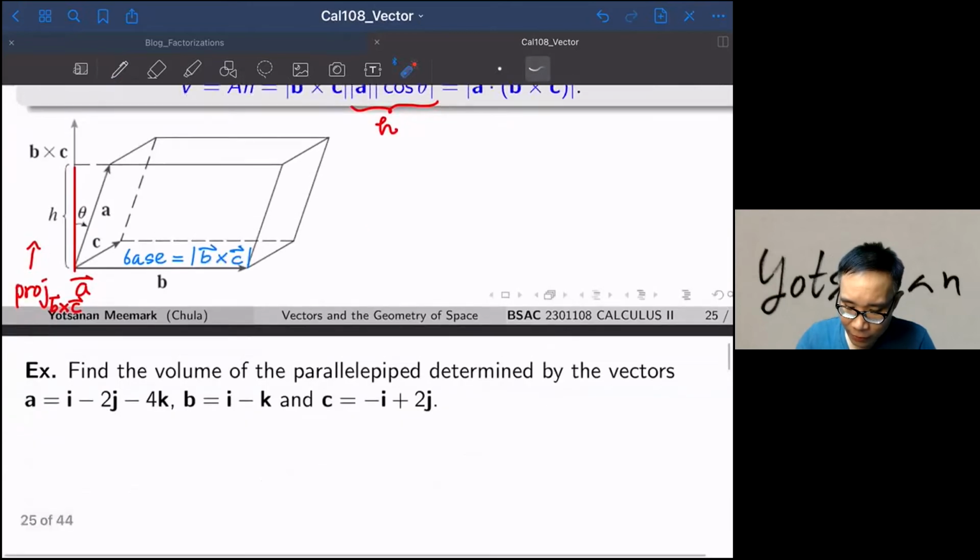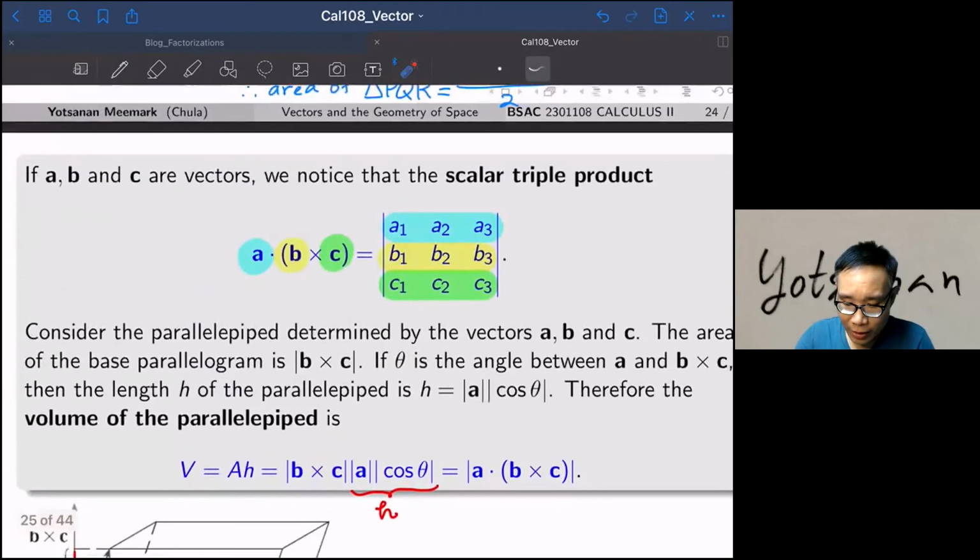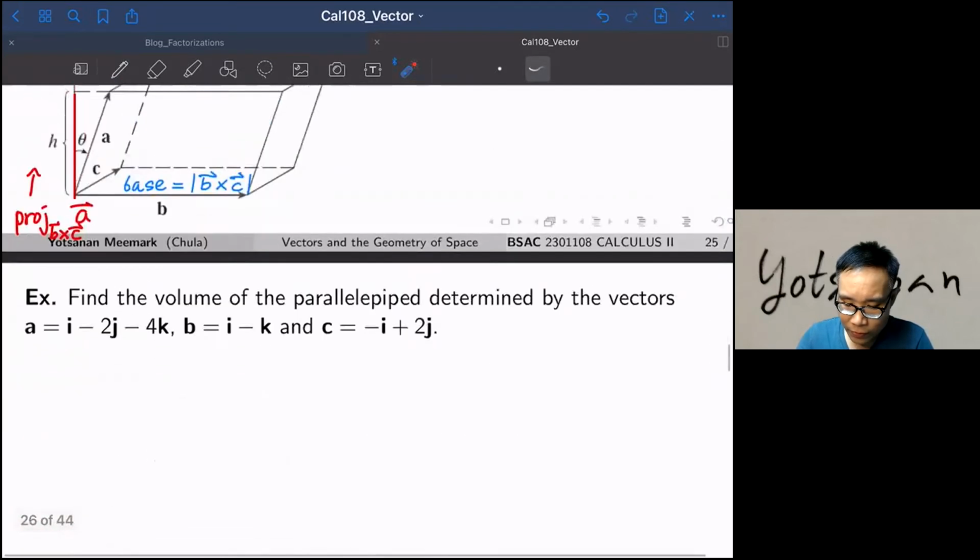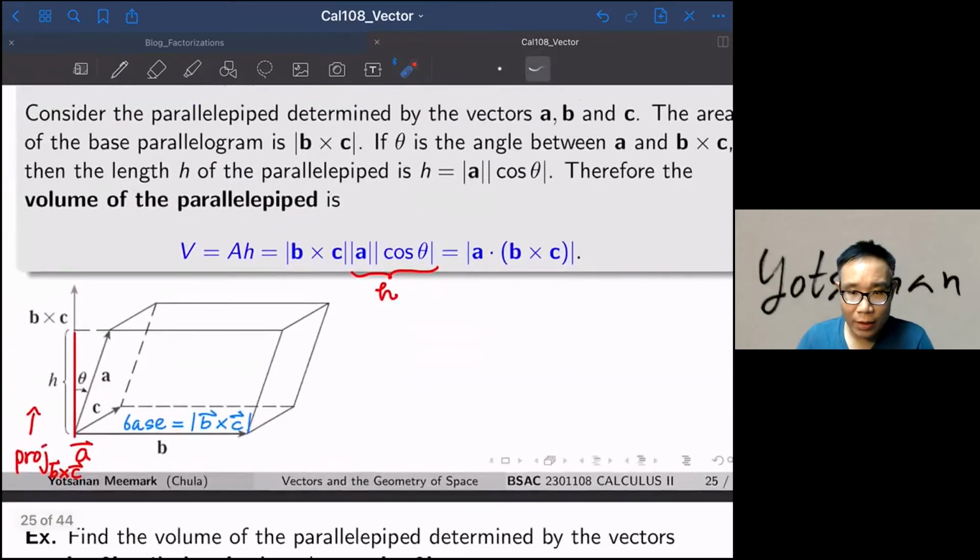However, we're not going to use this formula. We're just going to compute B cross C dot A.